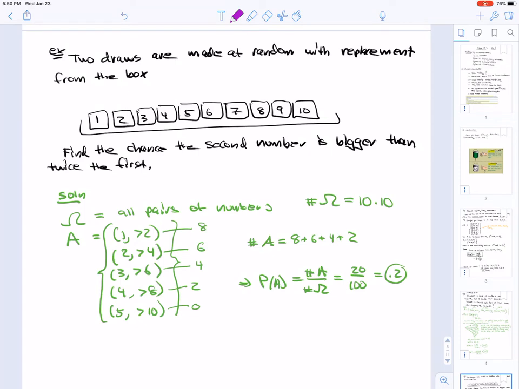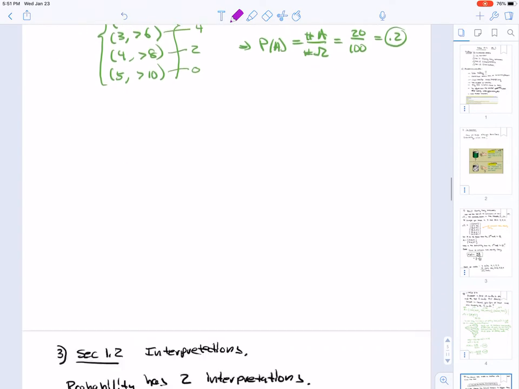So for example, if we choose a 1, then the second has to be larger than 2, and there's 8 ways to do that. If you choose a 2, then the second has to be larger than 4, and there's 6 ways to do that, etc. So the size of A is in fact 20, and we get 0.2 for the probability.